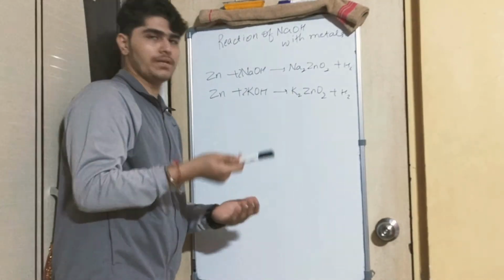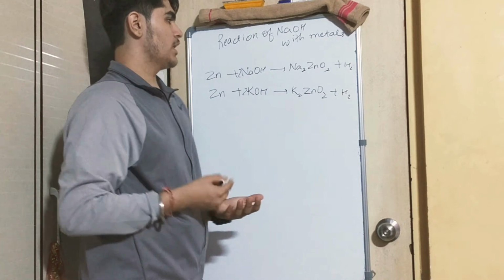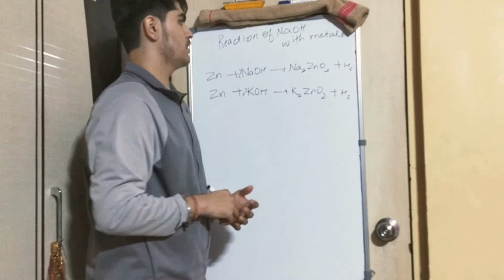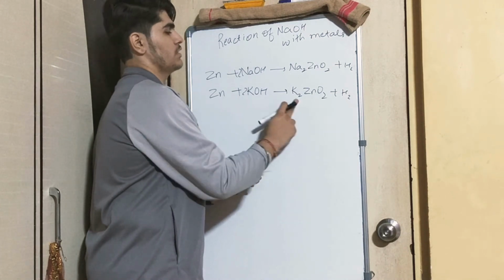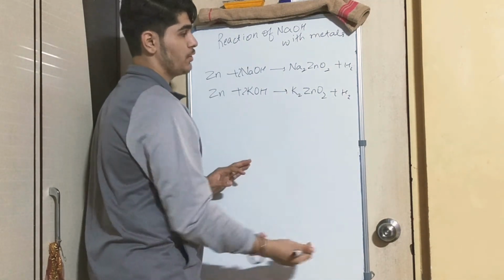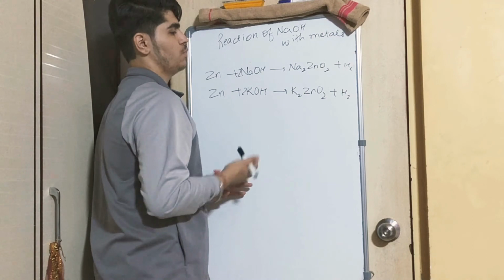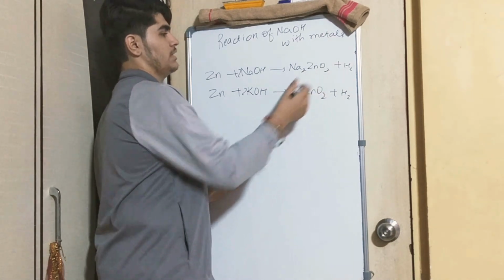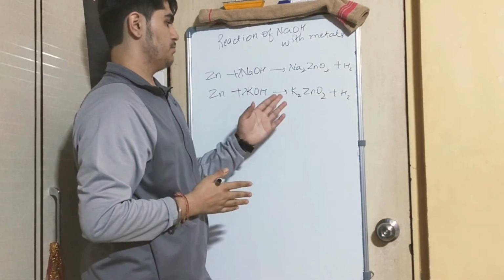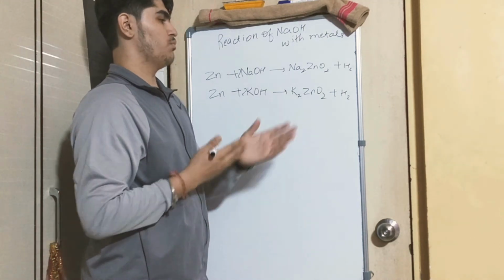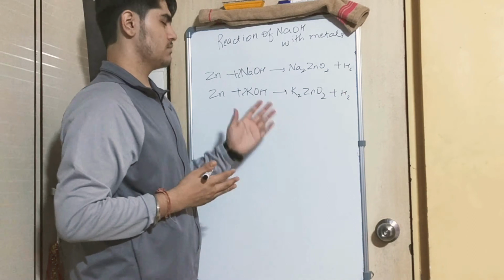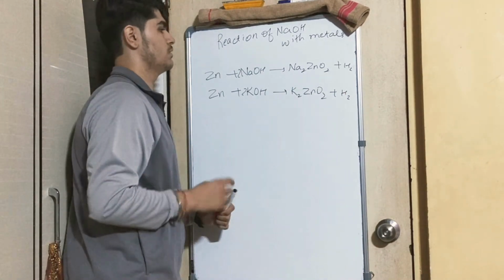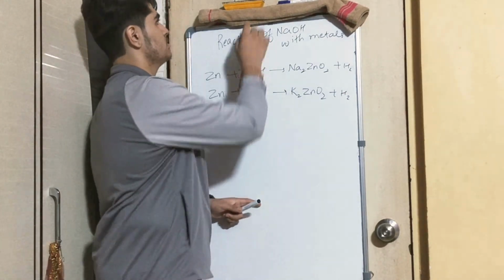When you take aluminium, iron, lead, zinc, all will give the same yield. If you react with KOH, you will give K2ZnO2, K2PbO2, KAlO2. That is potassium zincate, potassium aluminate, potassium plumbite, and so on. This was the reaction with metals.